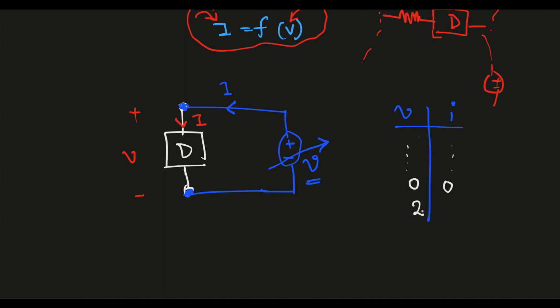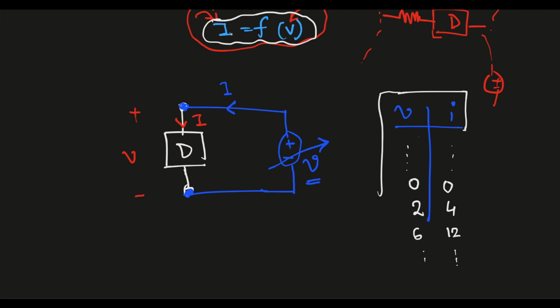When the voltage is 2, the current could be 4. When the voltage is 6, the current could be, say, 12, and so on. So this is one way to represent the IV characteristics of a device. Another way is to represent it using some sort of function.